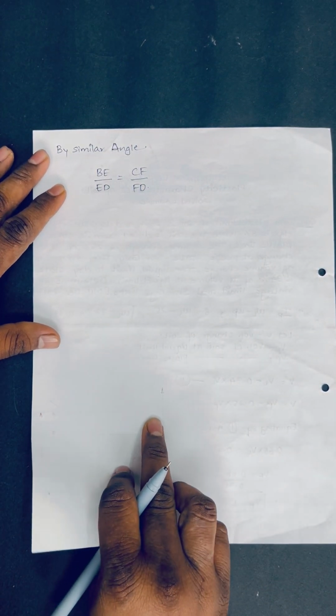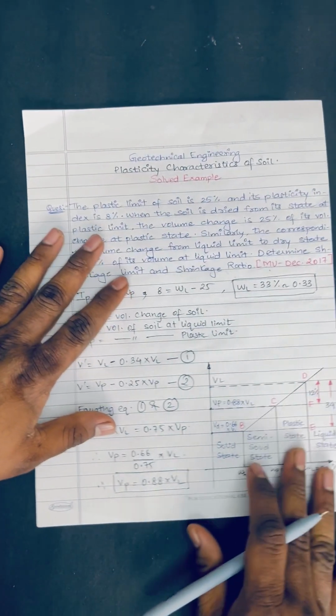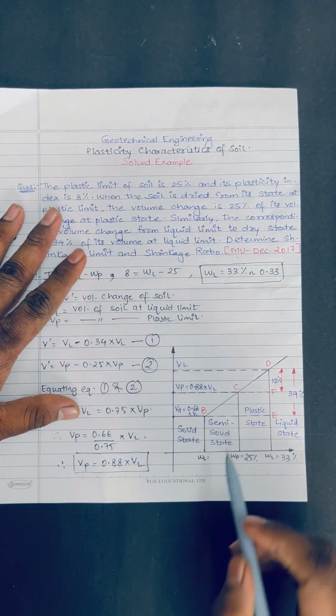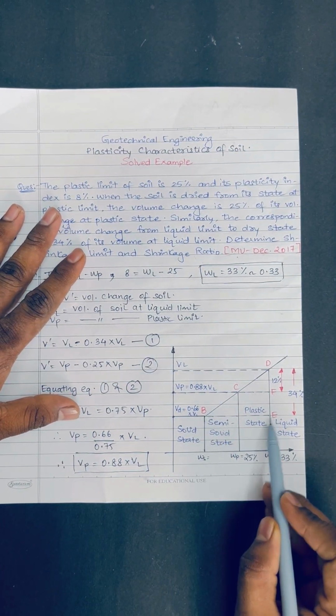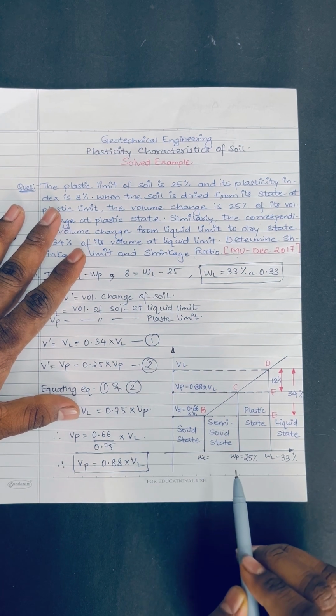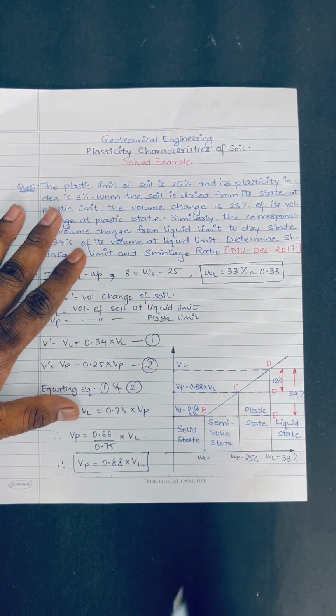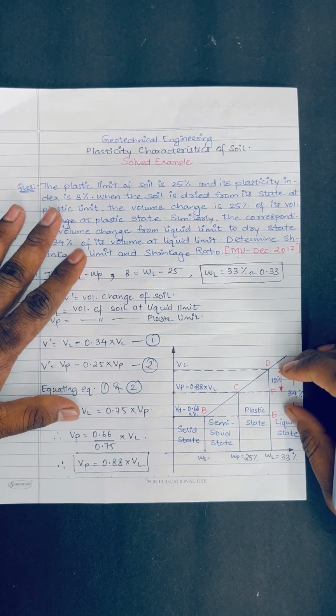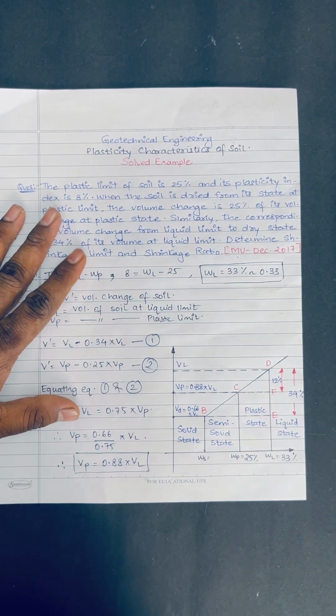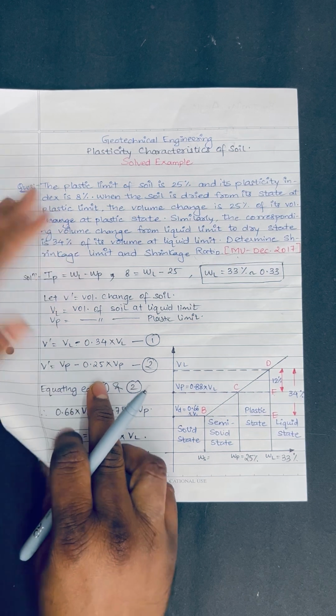Now BE, if we carefully look at this figure, is the difference between the liquid limit and the shrinkage limit. So we have to find that, so we'll keep it as it is. The value of DE can be taken as 34% or 0.34.